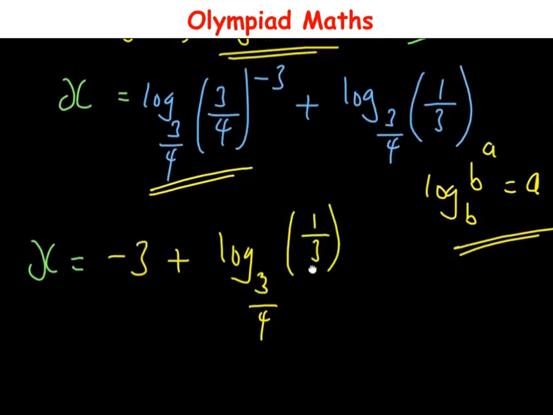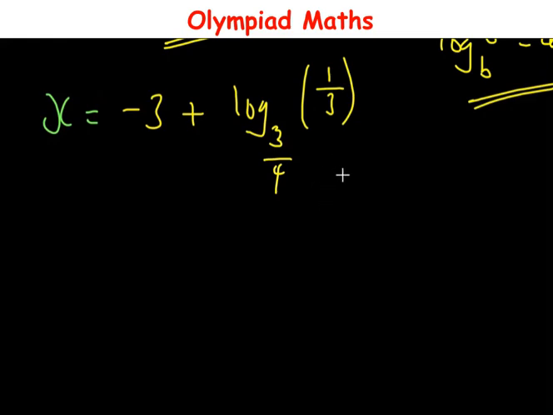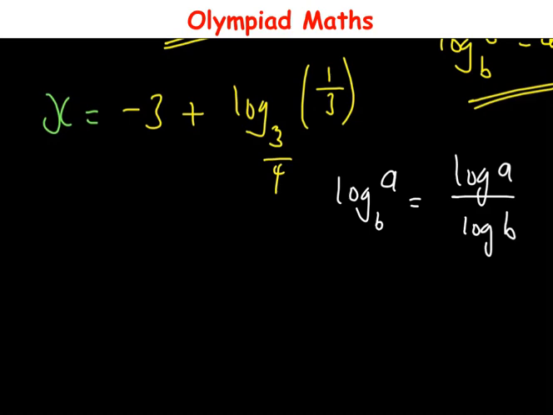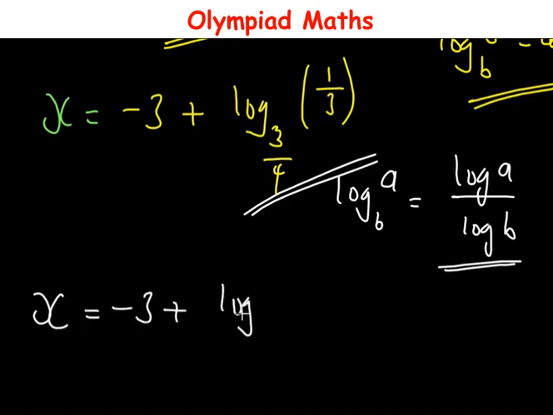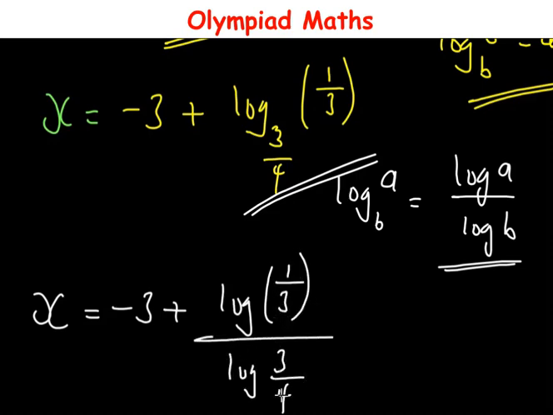So from here, applying this rule of logarithm, that if you have logarithm of a base b, this equals log a over log b, this becomes x equal to minus 3 plus log of 1/3 all over log of 3/4.